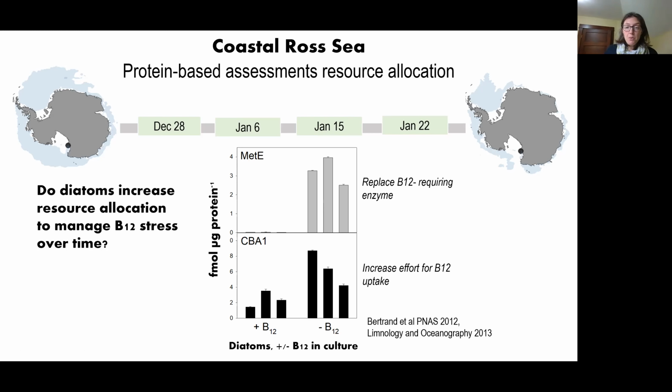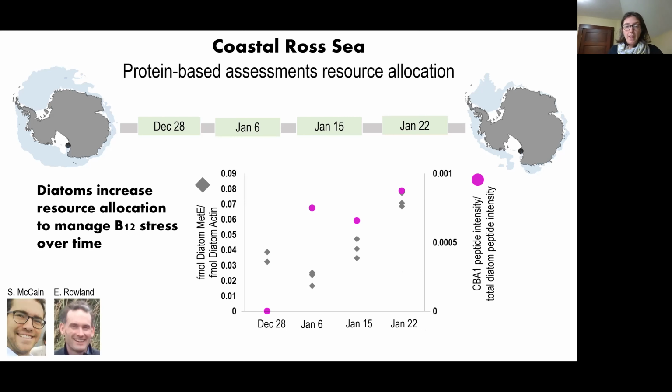So we can then ask, do we see these same signatures in the field? And that's what I'm showing you here. So we've got our time course from the beginning of the time series to the end here. And I'm showing you here the concentration of MET-E protein relative to the abundance of a particular protein from diatoms that we think doesn't change very much. So this gives us a measure of how highly MET-E is expressed in diatoms.